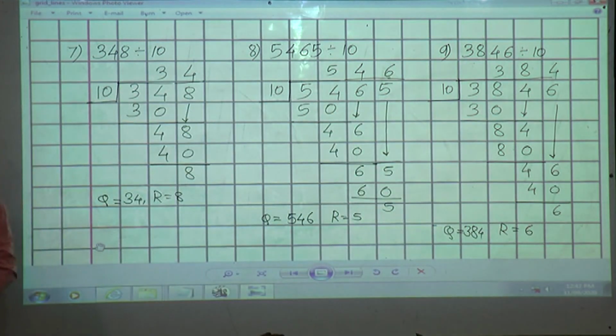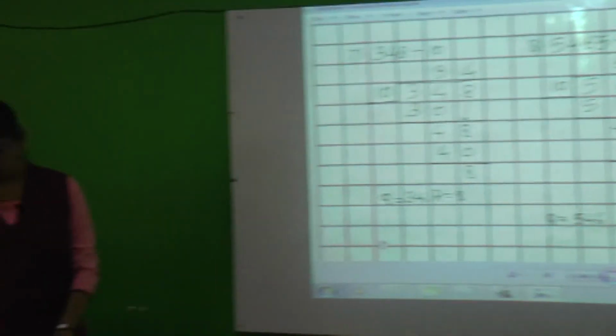Yes, clear? Okay. So what have we learned today? When we divide any number by 10, the digit in the ones place of the number is the remainder and the other digits of the number form the quotient.